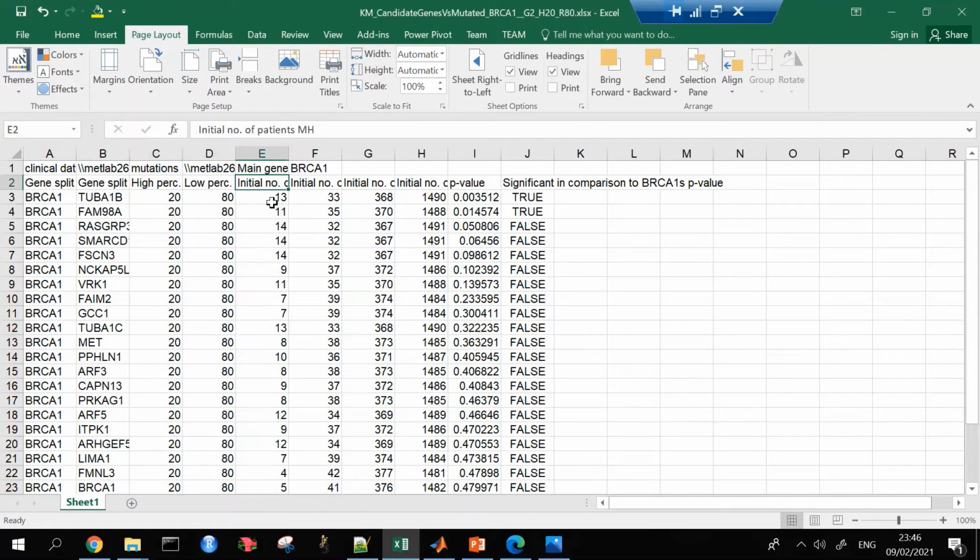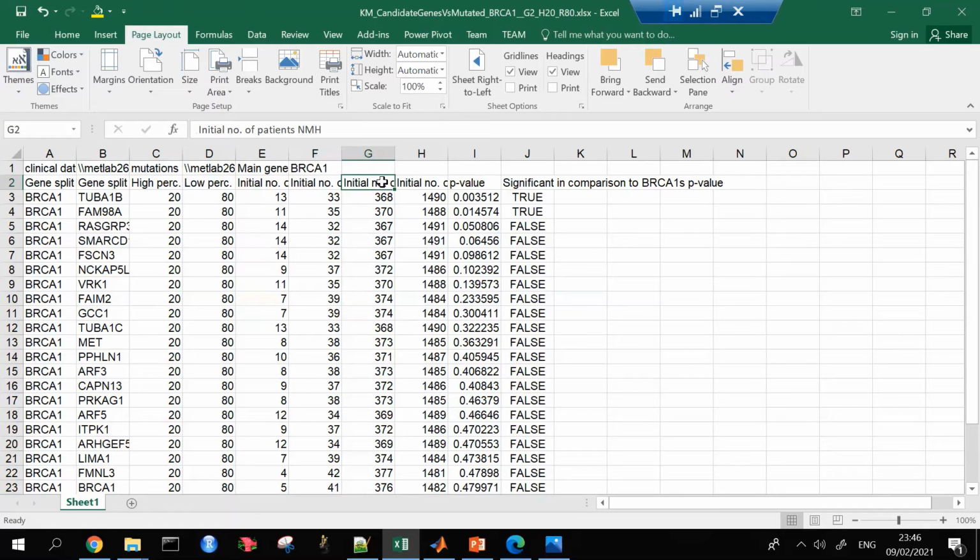Initial number of patients that had a mutation in BRCA1 and also had a high expression in 2xAB, the candidate gene in this case. The initial number with mutation in BRCA1 and low expression, or the rest of the expression in the candidate gene, in this case 2xB.